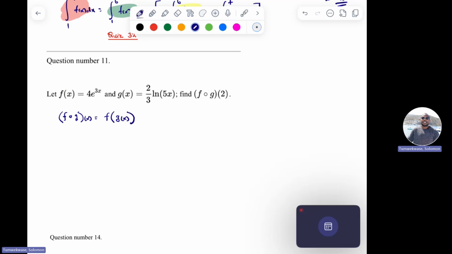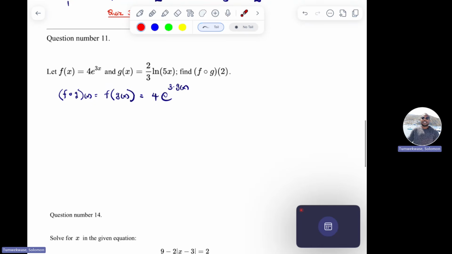So if I'm to write this, actually it should be 4e to the power 3 times g of x. So in the function f, wherever there is x, I'm substituting it with g of x. I hope that is fine.